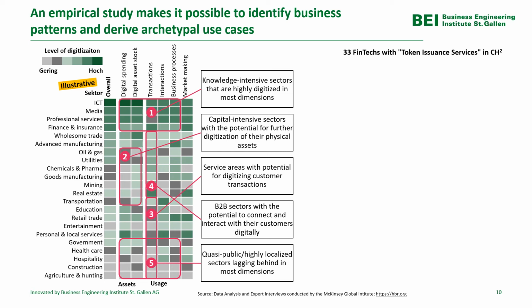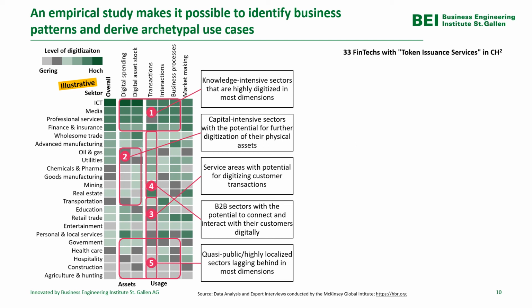And what we try to do in the next step is to identify the most promising areas for the tokenization of objects. And what you can see here is a report conducted by McKinsey, where the level of digitization has been assessed throughout different industries. And in one specific column, they assessed the level of digitization for their specific asset stock.